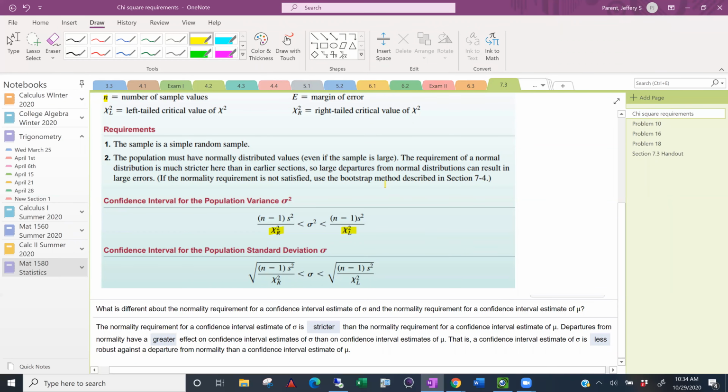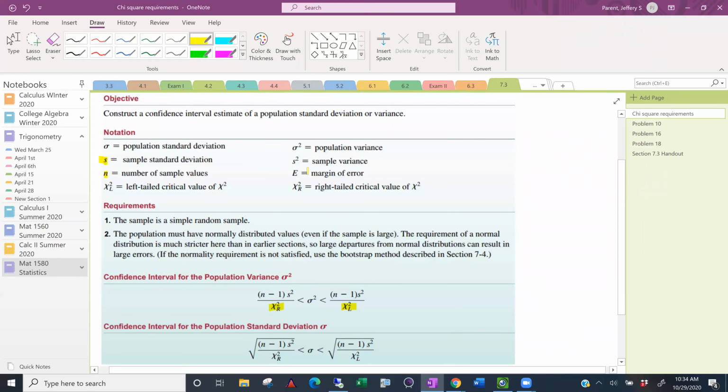The one thing that I want to highlight here, though, is that in order to create these confidence intervals, the population must have a normal distribution. This requirement is much stricter than in previous sections. In the previous sections, I did say some stuff about it, but here it's really important because the chi-square distribution is very sensitive to departures from normality.